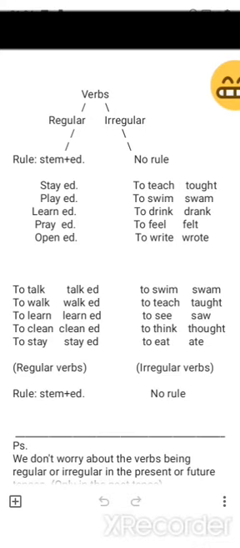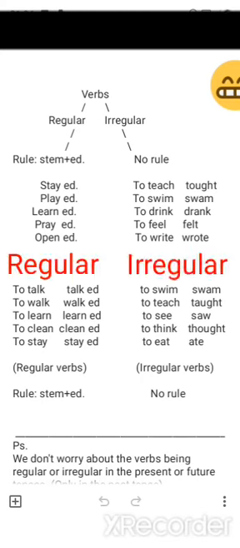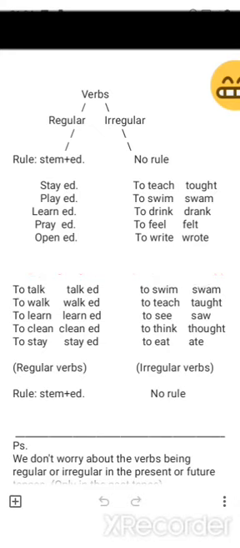In English, there are two categories of verbs. We have regular verbs and irregular verbs. If we want to conjugate a regular verb in the simple past, the rule is we guard the stem and we add ed. For example, to stay in the simple past is stayed.